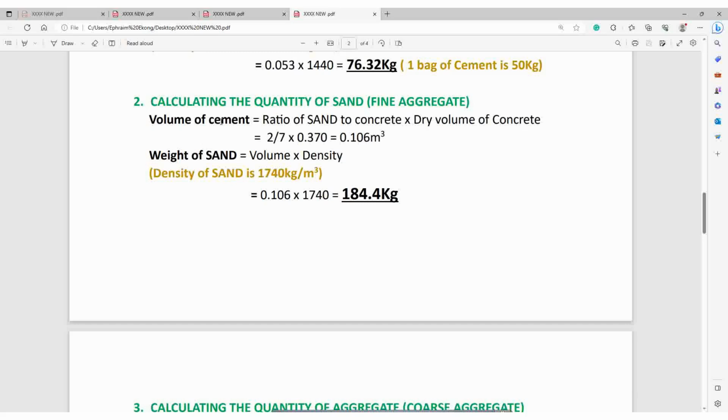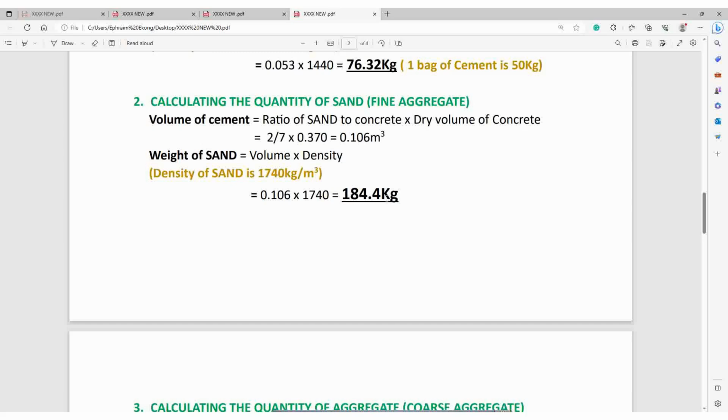So to achieve the weight of sand, we have volume multiplied by density. Density of sand is 1,740 kilogram per cubic meter. Now, this is the volume of sand, which is this 0.106, multiplied by the density of sand, 1,740, we have 184.4 kilogram.